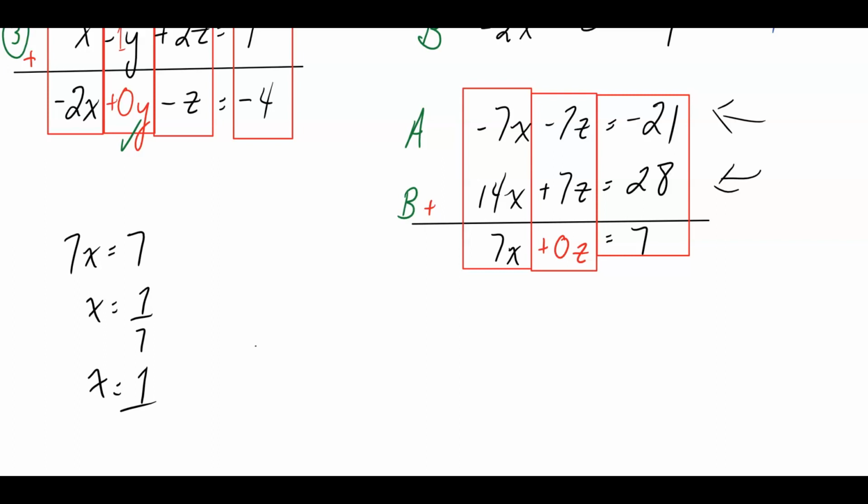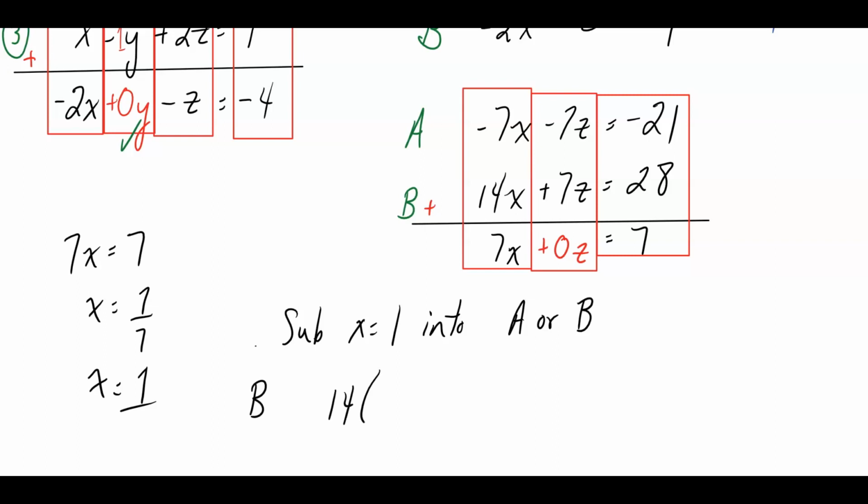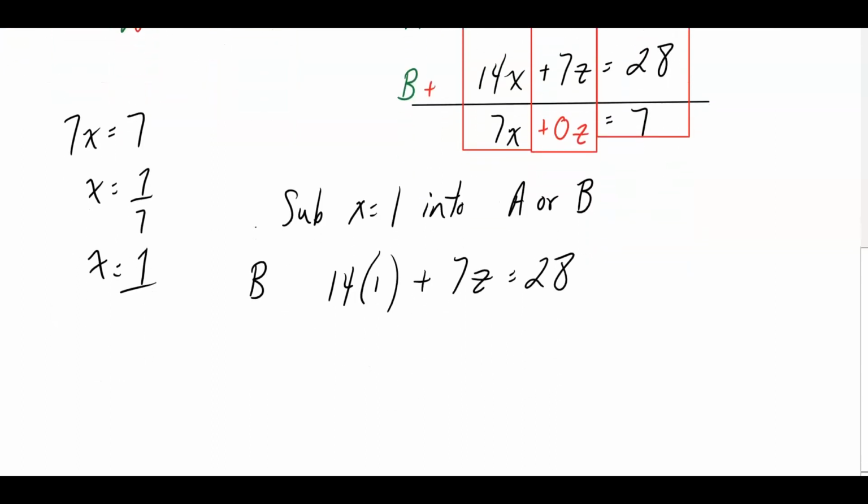So let's just put it into equation B. It doesn't really matter which it goes into, so I'm going to write that down. We'll just say sub x equals 1 into A or B, okay, just for the note, and I'm going to use B. So 14 times 1 plus 7z equals 28. We will solve for z now.